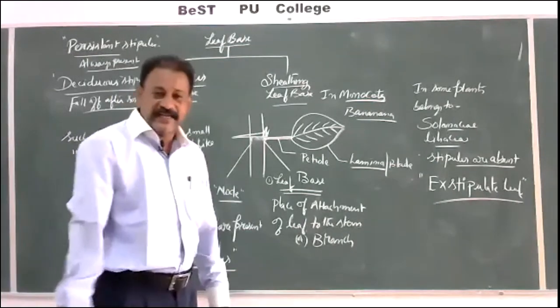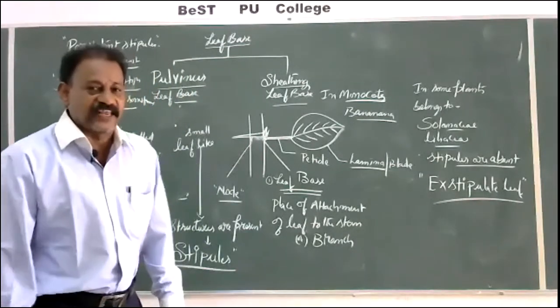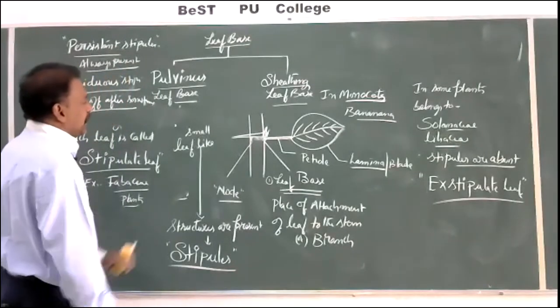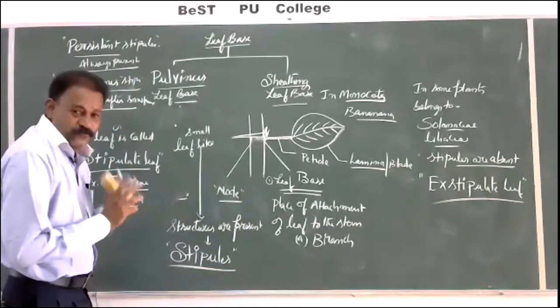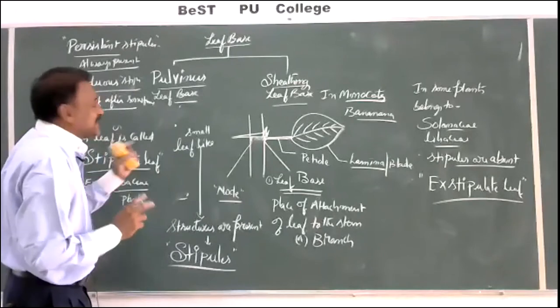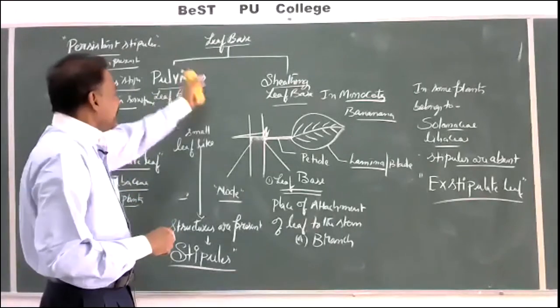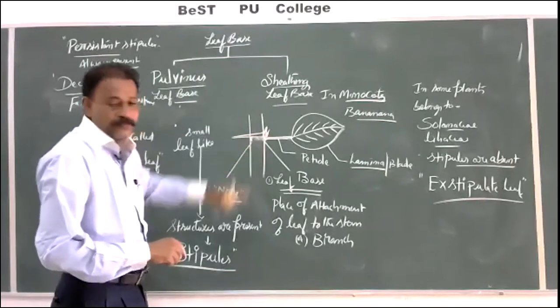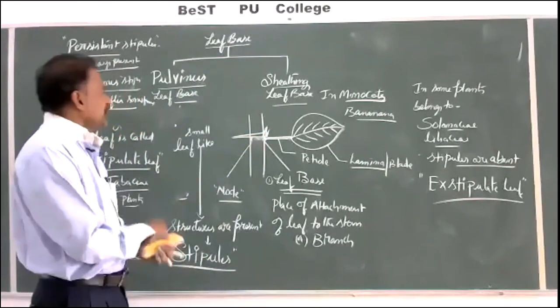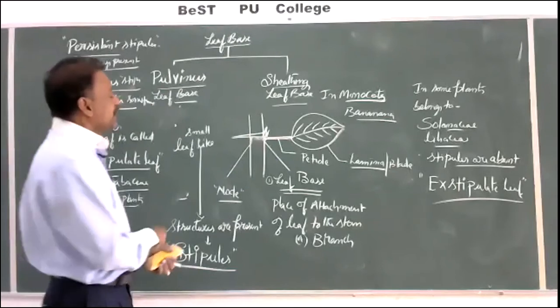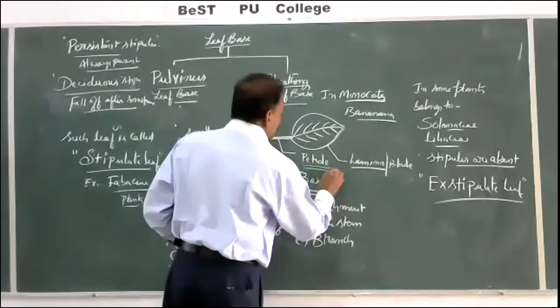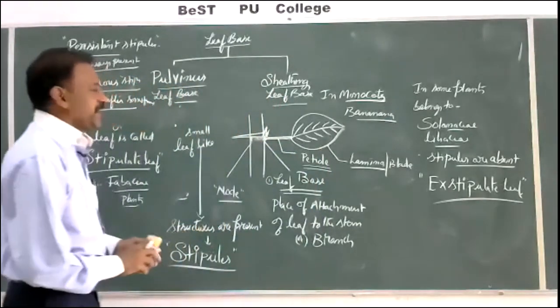So we are going to study leaf, characteristic features of the leaf. We have seen one structure, that is leaf base, first structure. Additional structure on either side of the leaf base, stipules. Now we are going to study about petiole. What is petiole?